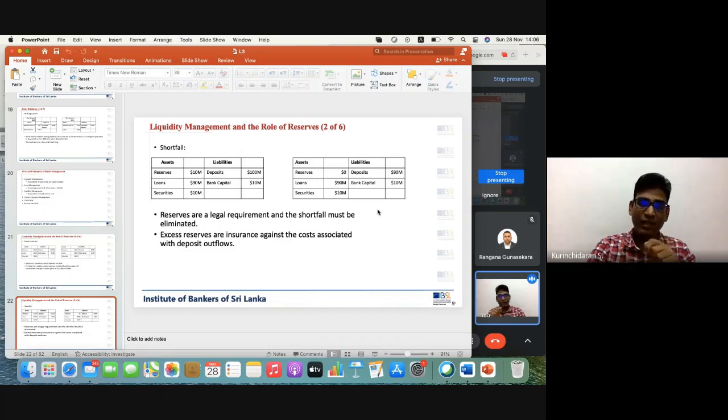It is based on the financial system as well. If you take the US, big amounts go through current accounts, writing checks. In Sri Lanka, compared to that, maybe less. So it's based on the financial structure. Based on your experience, you have to think how much excess I should have.